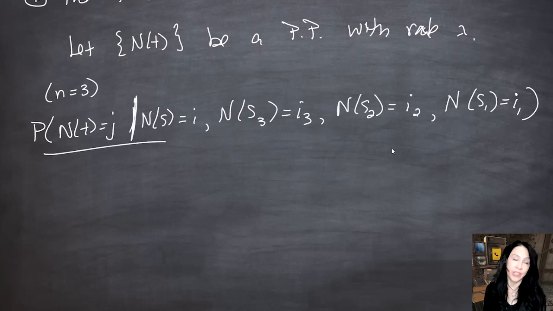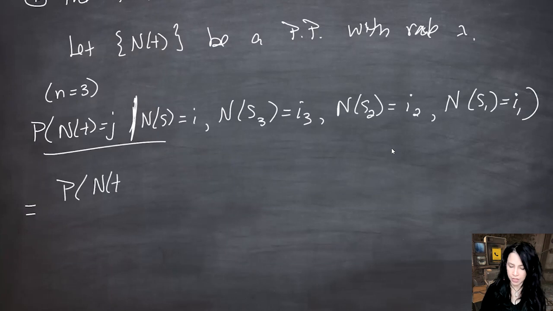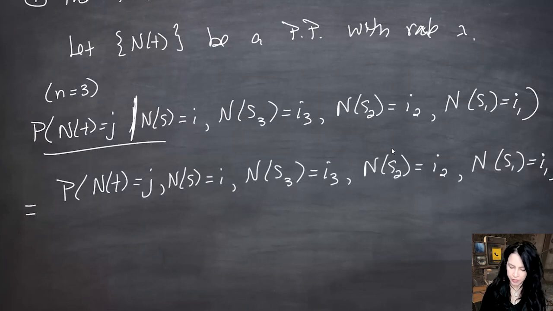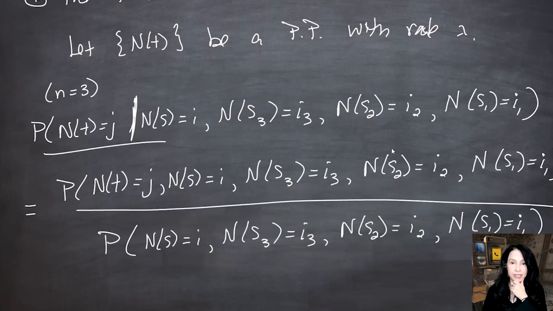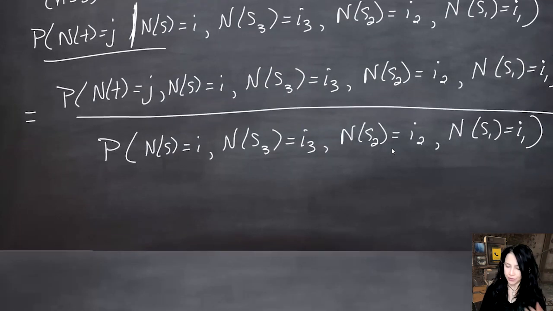So you want to do what we were just doing in those numerical examples. I would write out the definition. This is a big fat intersection over the probability of the second stuff, the stuff after the line. And we know how to do these. So how would we do the top one?